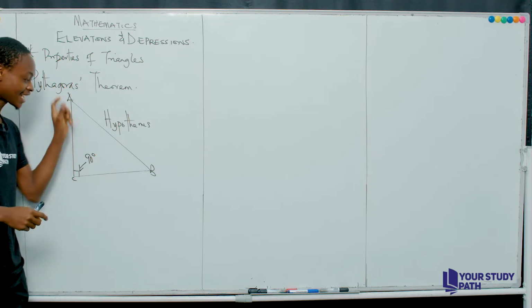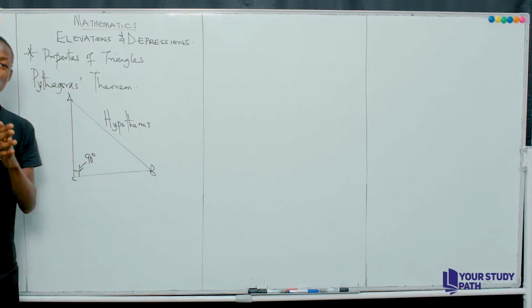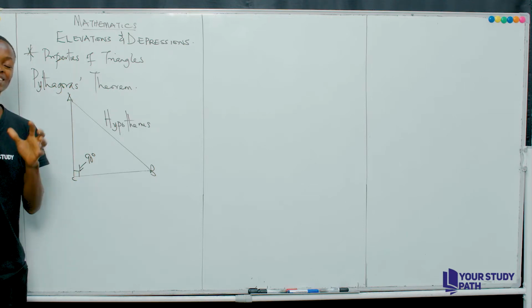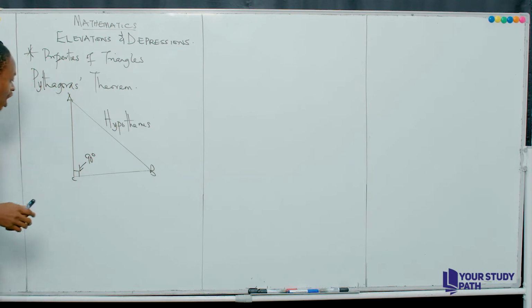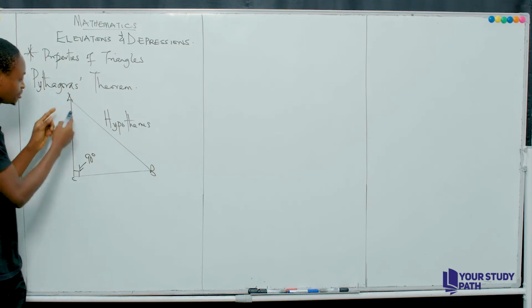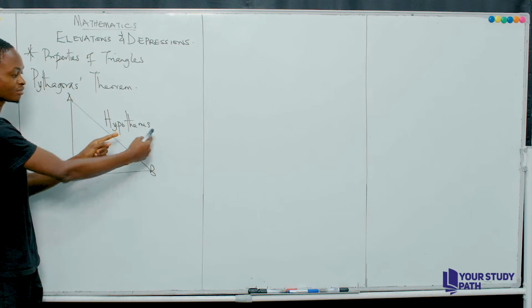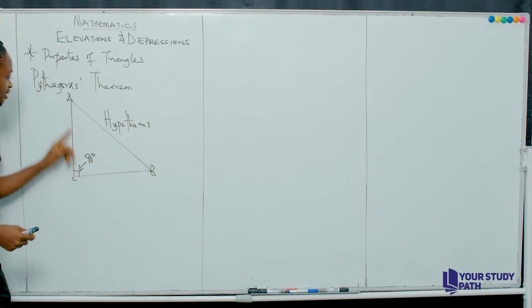Ironically, that side that is directly facing the 90-degree angle always turns out to be the longest side out of the three sides within the right-angled triangle. That means AB is what we have termed as the hypotenuse. We now have side BC and side AC.